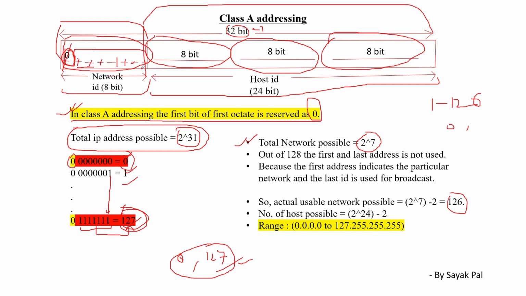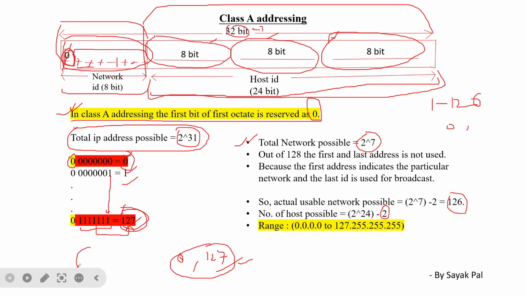This part is called the host in class A. These 3 octets, or 24 bits, are used for host IDs. So the total number of host IDs possible is 2 to the power 24 minus 2. You have to understand why there is minus 2.